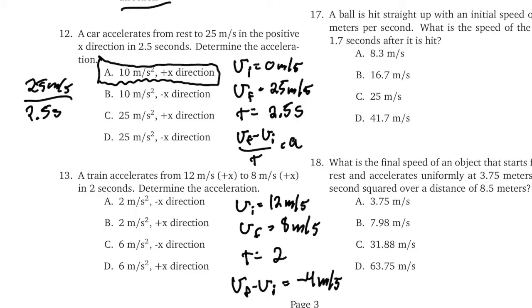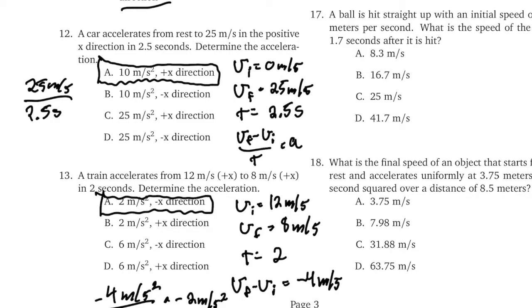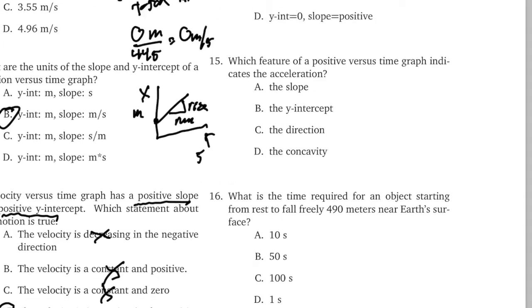And so I need to do negative 4 meters per second divided by 2 seconds, and I get negative 2 meters per second squared, which corresponds to in the negative x direction. It's negative because we're slowing down. If we're initially going in the plus direction and we go to a smaller velocity, that must mean that our acceleration is in the opposite direction.